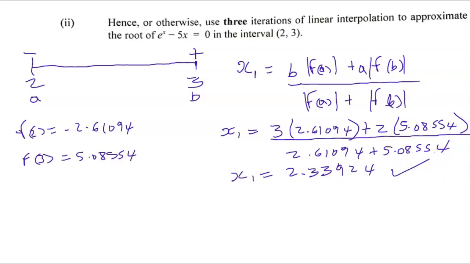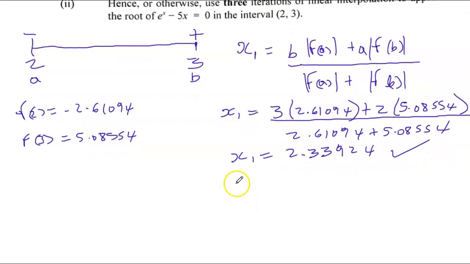Let's do our second iteration now. But before we can do our second iteration, we need to have a new limit. We have just found that the root is between 2 and 3, and we have found 2.33924 as an approximate root using the first iteration.